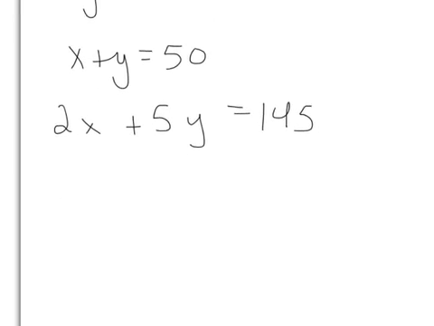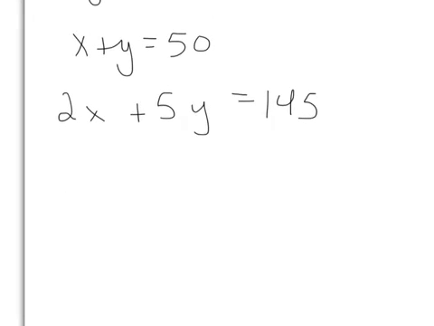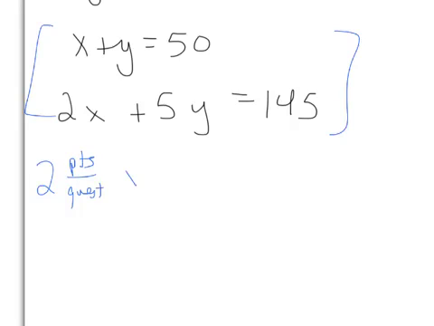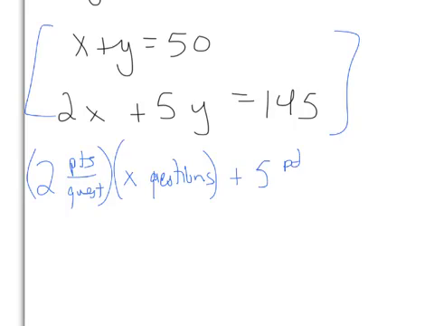If you had trouble with that last statement, let's make sense of it. So I'm going to break down this equation right here. The units here are what's important. So this is our system. We can leave that alone, but just to break it down. The units of 2 are points per question. And the units of X are questions. There are X questions. Then we have 5 points per question times Y questions.